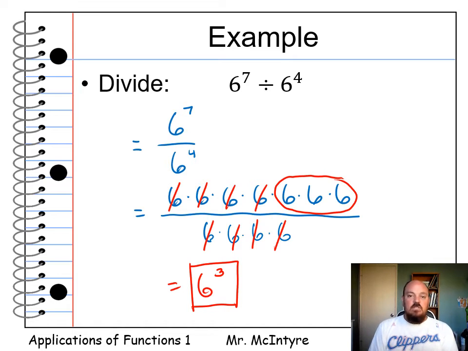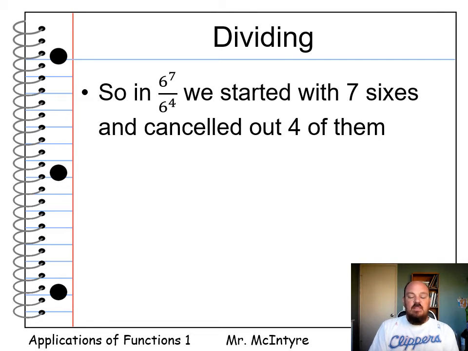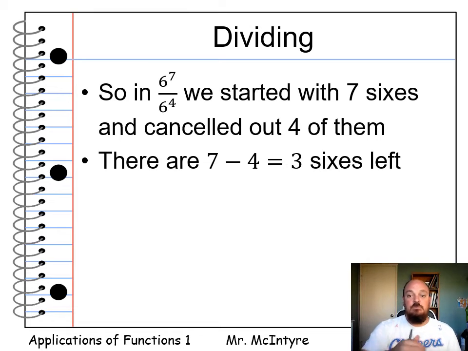All right, so let's see if we can figure out a shortcut where we can do that just like we did with multiplying. We can do that without actually writing it as a whole bunch of 6's. When we did 6 to the 7th over 6 to the 4th, we started with 7 6's and we canceled out 4 of them. To figure out how many are left, you subtract.